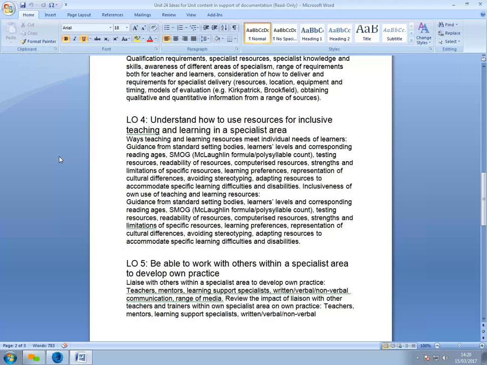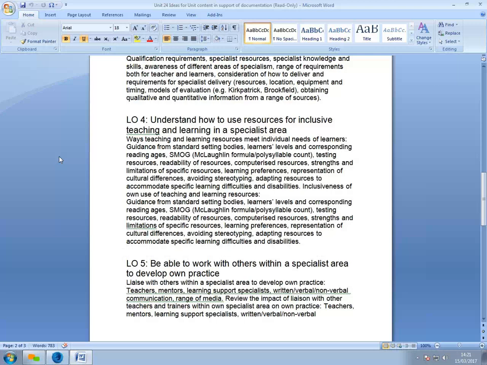These are some of the tools. If you look at SMOG, for instance, it's aimed really at people with learning difficulties, where reading ages matter. I've taught students in the 19 to 20 year old group with a reading age of about 7, and you have to do things specifically.